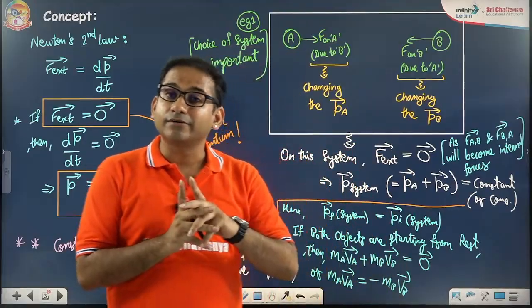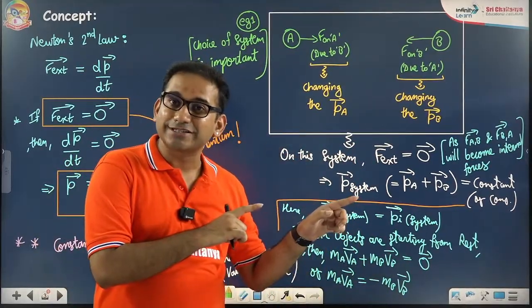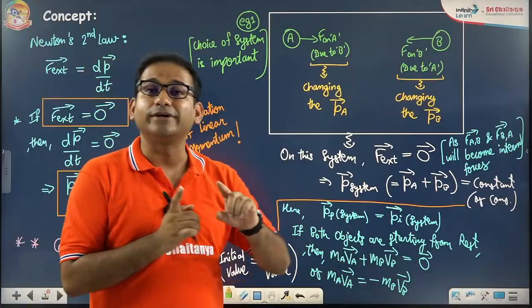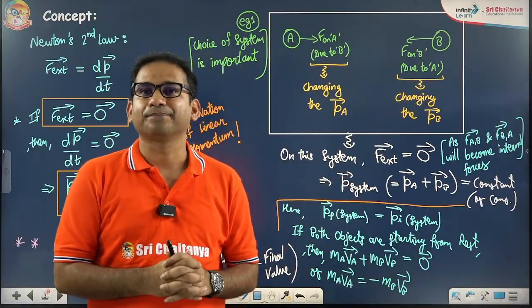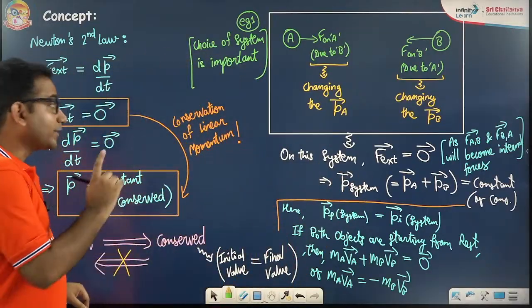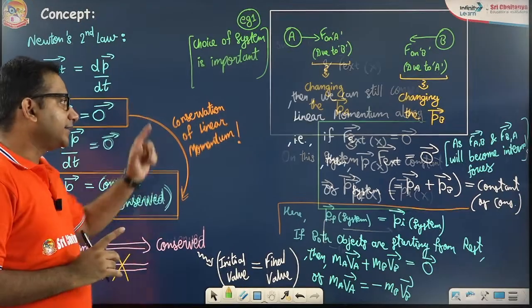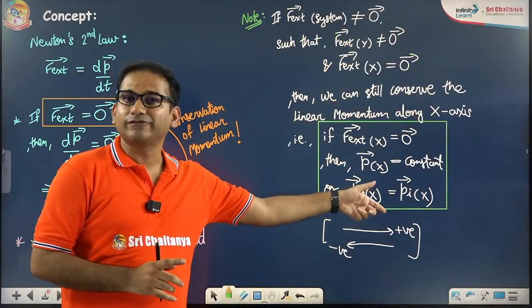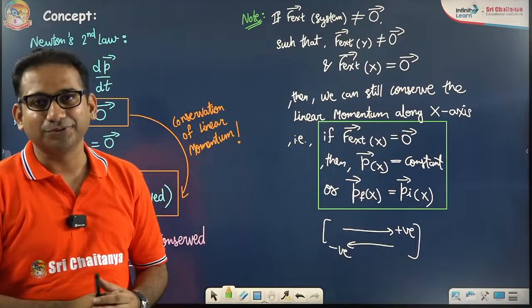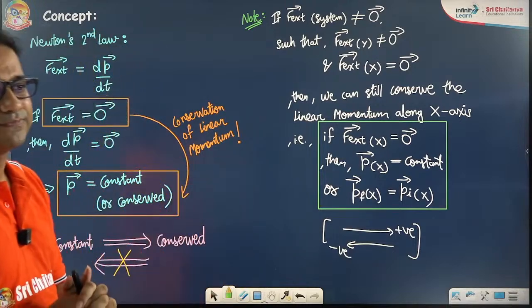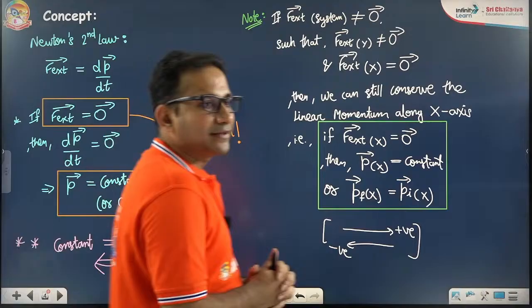Or else, if the external force in a particular direction is zero, we can conserve the linear momentum in that particular direction. I hope the logic is clear. So choice of system is very important, and regarding the particular direction conservation of linear momentum, that is also in front of you. Any doubts till now? Any doubts?